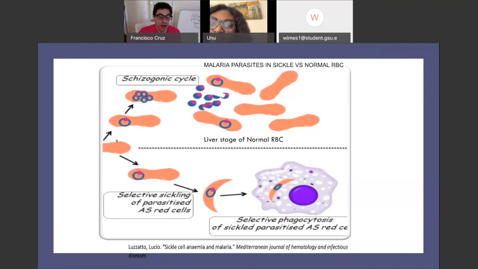But in a sickle cell carrier, a lot of the red blood cells are not a hospitable form for this.